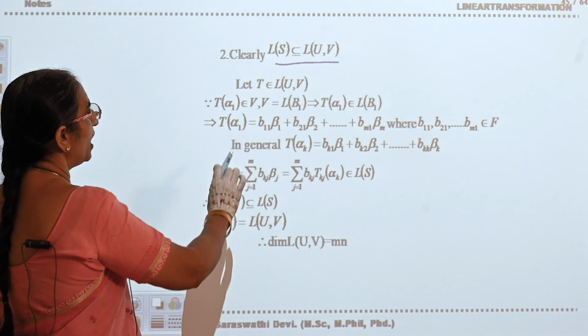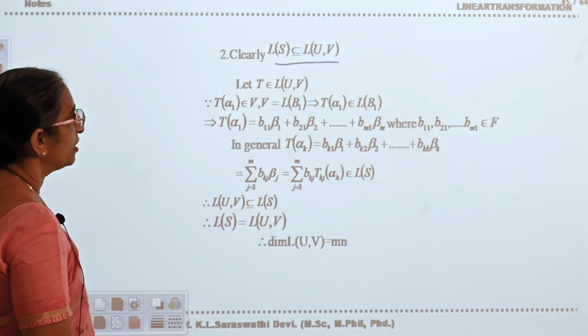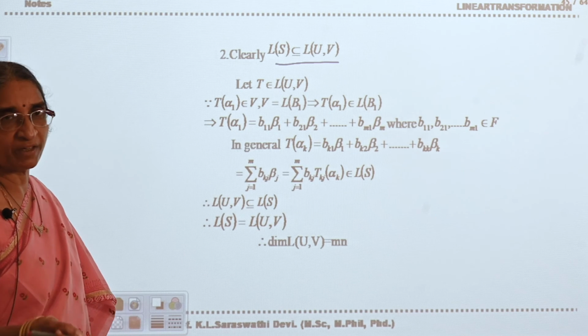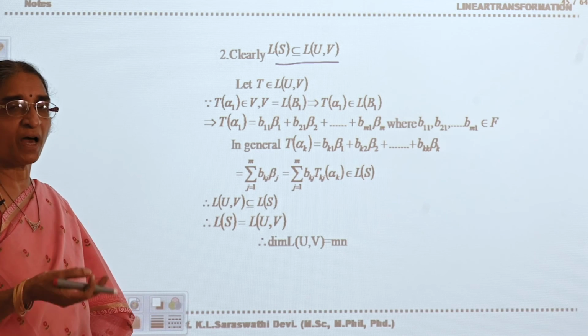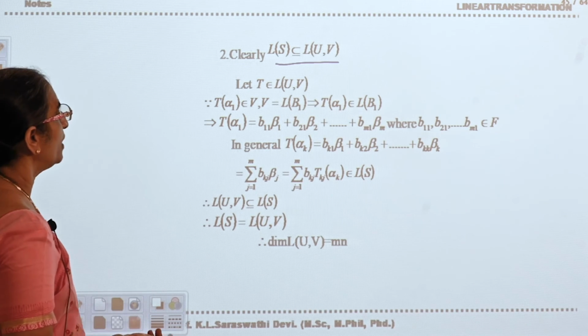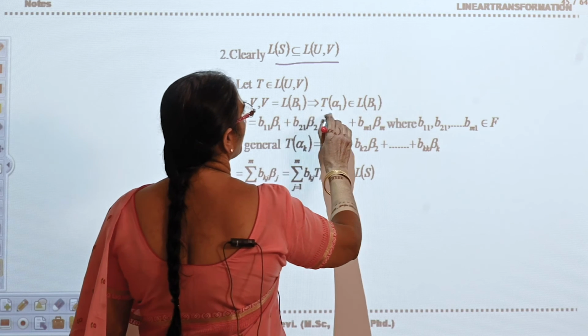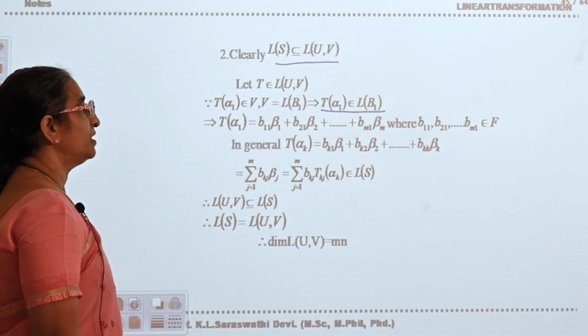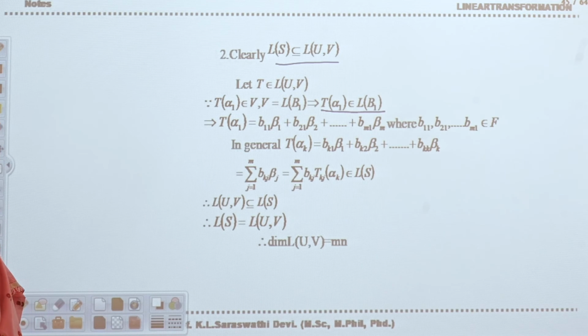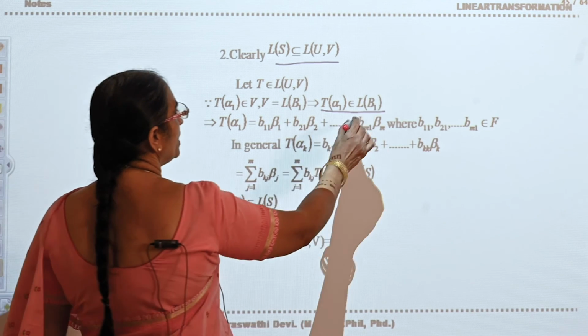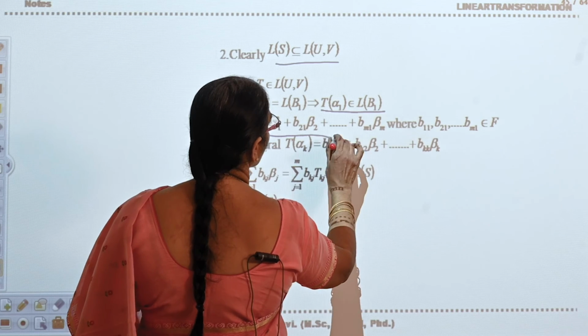Next, T belongs to L of UV. Therefore, T of alpha 1 belongs to V. V is equal to L of B1, that is, B1 is the basis of V. Linear span of basis will be equal to the set. So, T of alpha 1 belongs to L of B1, which means T of alpha 1 is equal to a linear combination of basis elements of B1.